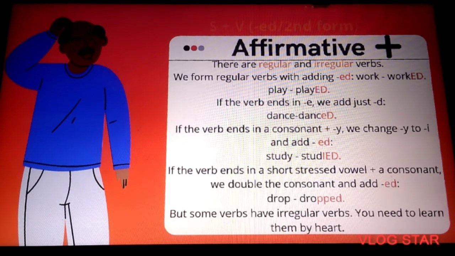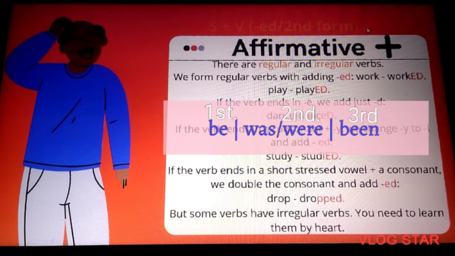But also, let's look at this structure. S is the subject, plus verb, like play, plus ed or second form. Ed is for regular verbs, the second form is for irregular verbs. In irregular verbs we have three columns. The first column is like be, for example.